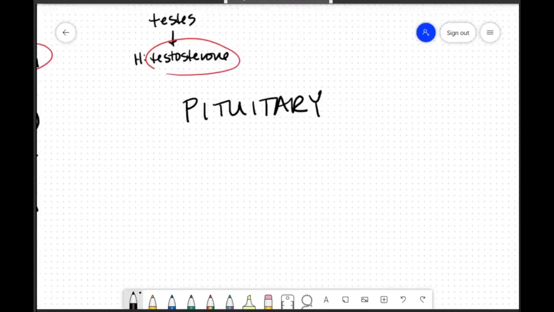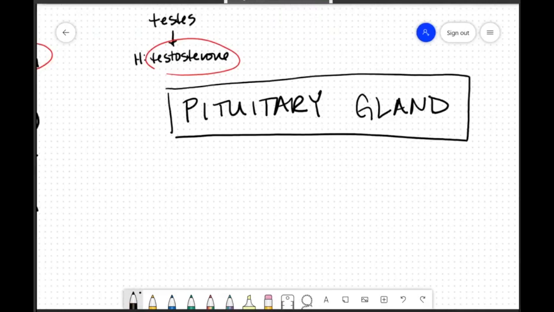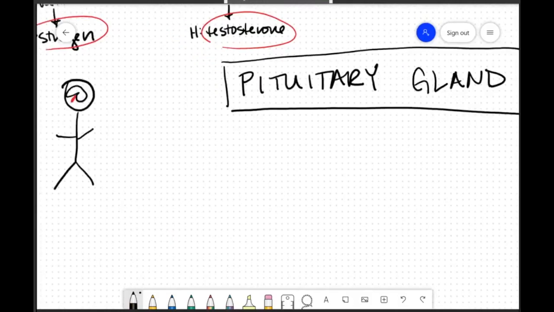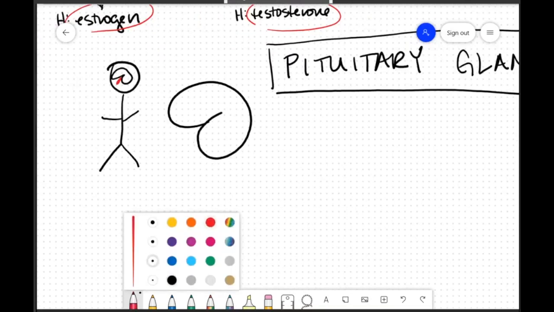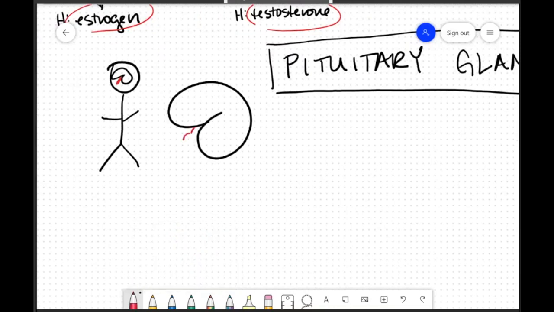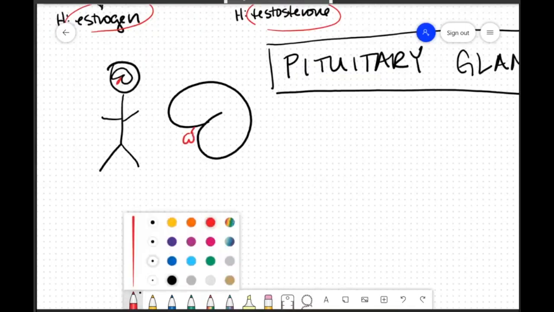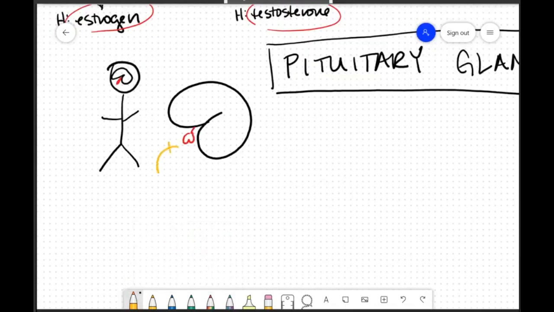A little bit of background on your pituitary gland. There are two structures to it. So I'm going to take this guy over here and I'm going to blow him up. So here's your brain, and here is your pituitary gland. He kind of looks like that. There is going to be a front and a back to this pituitary gland.